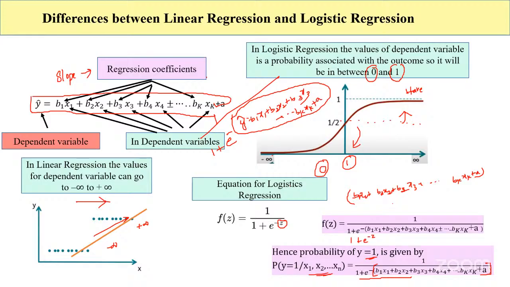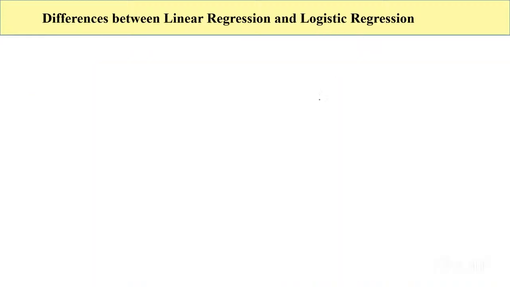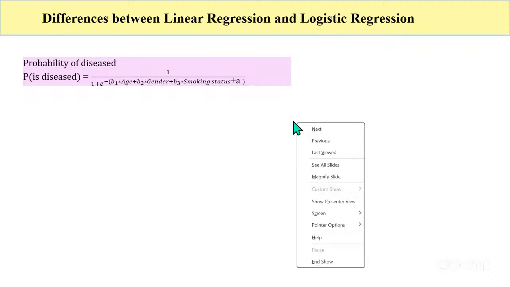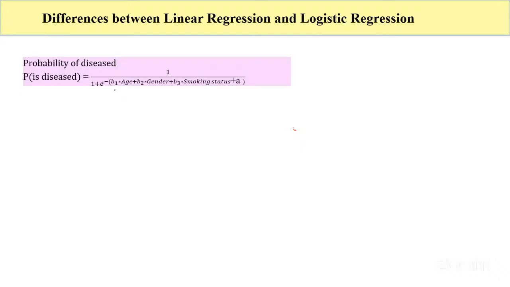Now you see, the theory concept definitely makes some impact. The probability of disease, or of having some issue, is equal to B1 into age, B2 into gender, B3 into smoking status. I have written age instead of x1. Sometimes one of these can impact, or two of them, or all three can impact.